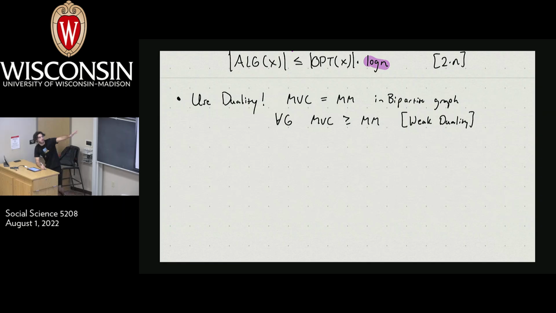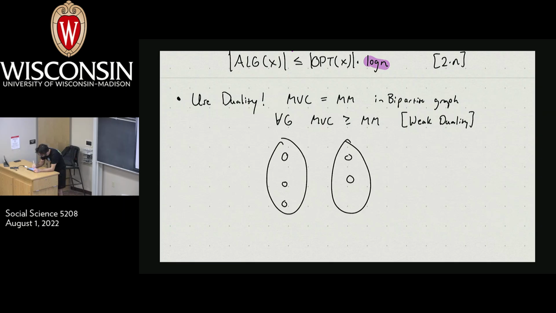And just to remind you why this is true, let's just look at a bipartite graph. And let's pick some matching. Well, what do we know about this matching? So by definition of a vertex cover, we need each of these edges to be touching one of the nodes.